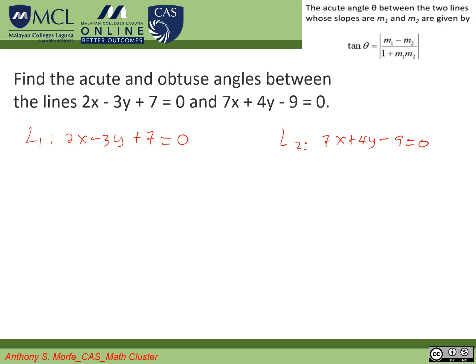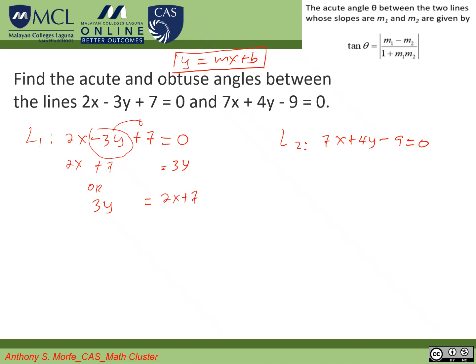Okay, so from here let's express the equation in the form y equals mx plus b. This is the slope-intercept form. So solving for y in terms of x, you can put this one on the other side. So you have 2x plus 7 equal to 3y, or it can be written as 3y equal to 2x plus 7.